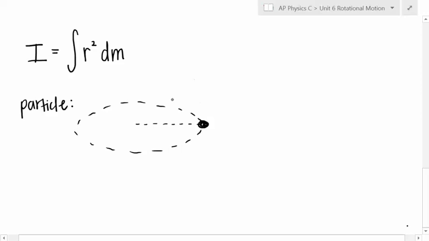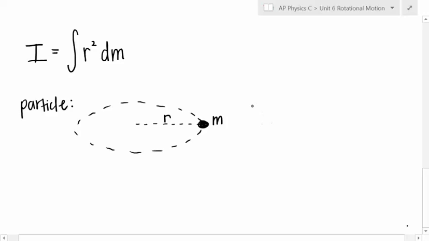Okay, so if this mass right here, M, is moving in this circle that I'm trying to draw, that's not supposed to be an oval, but kind of a flat circle, that mass right there is all located at the same position. So the R doesn't change, and the mass is the same at every place R as it goes around the circle.